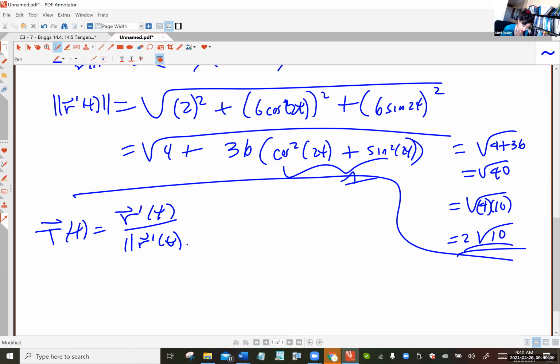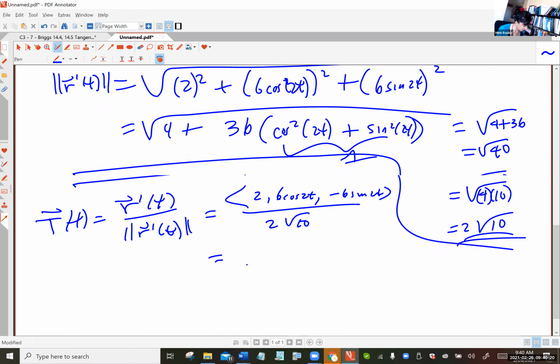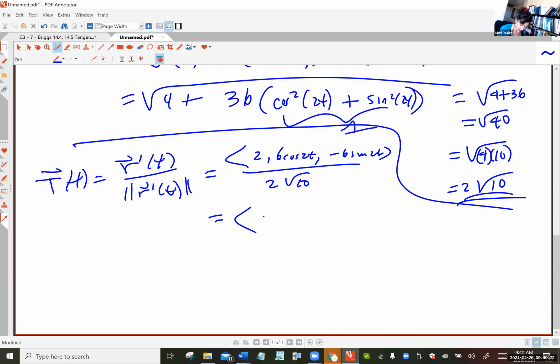Yay! And so what you're going to have here, look somewhere else here. Your R prime was what? 2, 6 cos, negative 6 sine. And when you divide that by 2 square root of 10 and then use scalar multiplication, you should get the clean version after reducing that looks like this.